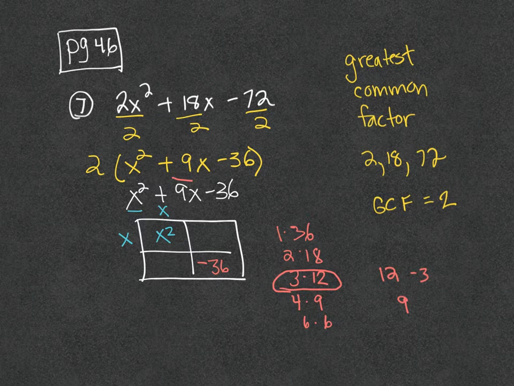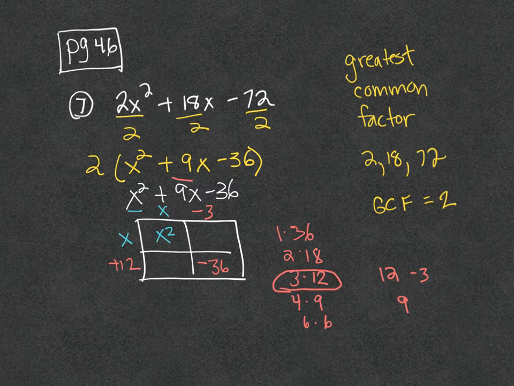If you notice that, you don't need to keep listing the factors, but you want to make sure that you test all the factors to make sure that you have the correct pair. So if we look at this, I'm going to take my positive 12 and put it here, and then my negative 3 and put it here. Now keep in mind that I just put those in randomly. I could have those reversed.